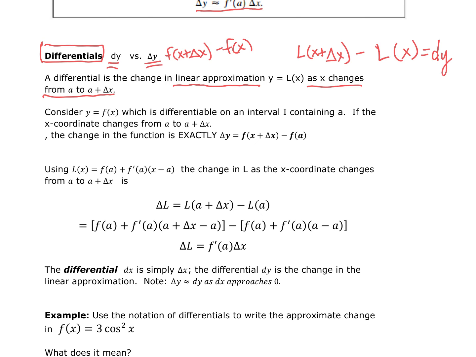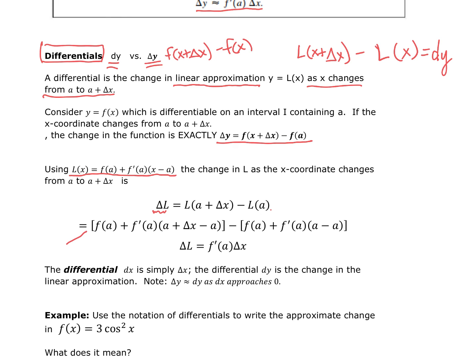So if we have a function which is differentiable on an interval I that contains the point a, if the x-coordinate changes from a to a plus delta x, the change in the function is exactly the delta y. Okay? But if we use this L of x, the change in L as the x-coordinate changes from a to a plus delta x, in other words, the delta L, is going to be the linear approximation at a plus delta x minus the linear approximation at a.